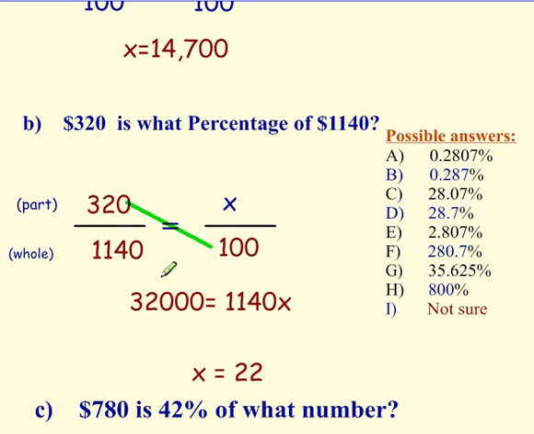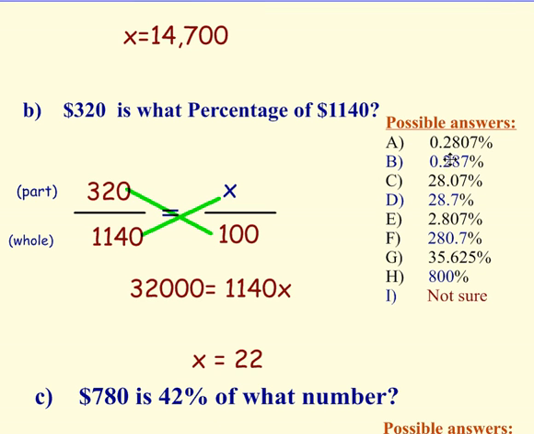And with this, I came up with 32,000, and on the other side 1,140 x. And taking a look over here, you can get an idea of some of these answers. I'm not even sure if the correct answer is up there or not, so bear with me if I made a mistake here. But yeah, 28.07. Of course, there's a little bit more to that one, but that's what's rounded. And don't forget your percentage sign.